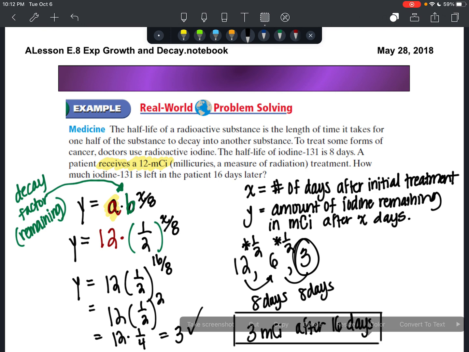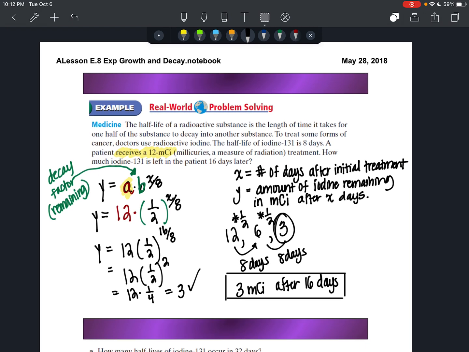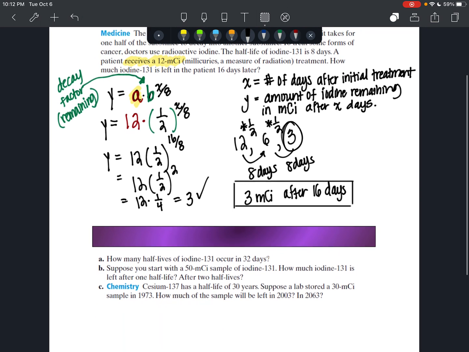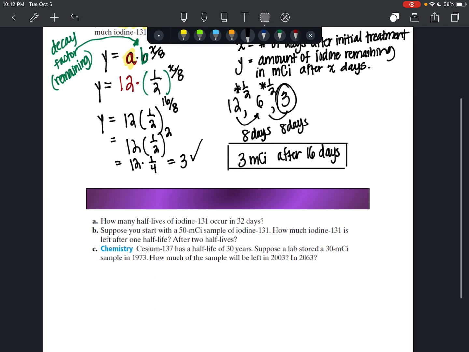It could mean helping a patient get better. It could mean potentially helping them get sicker, and we don't want to help them get sicker. We want to help them get better. So we really need to know our numbers, our math.